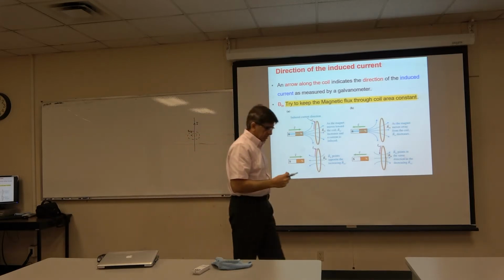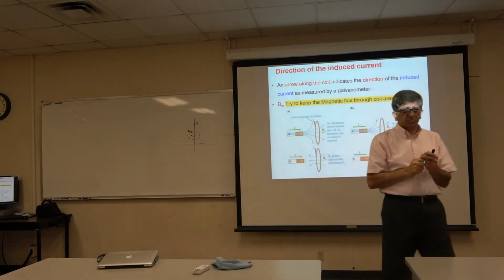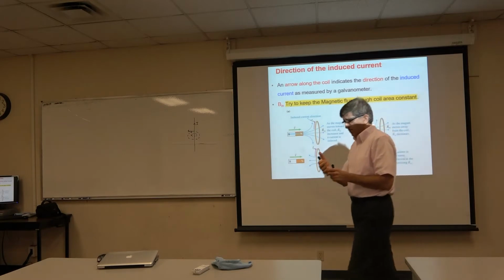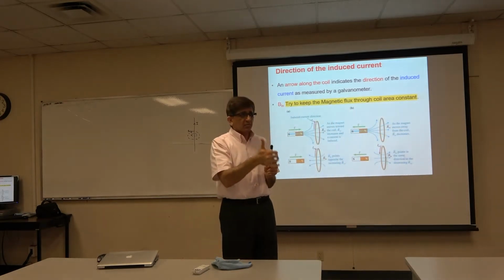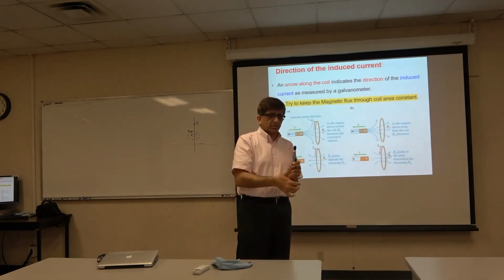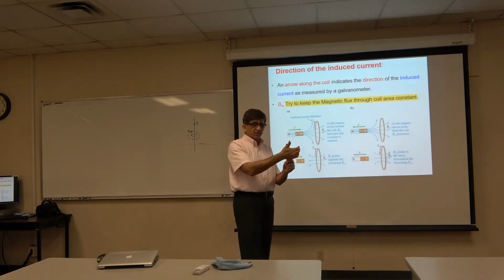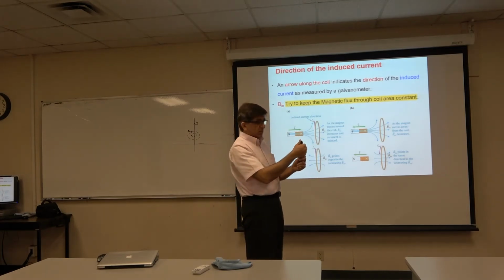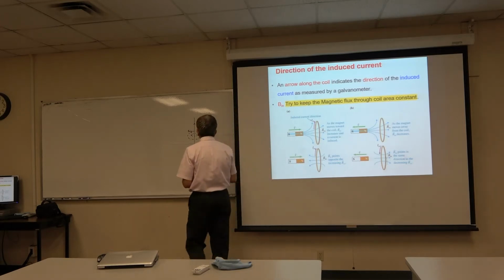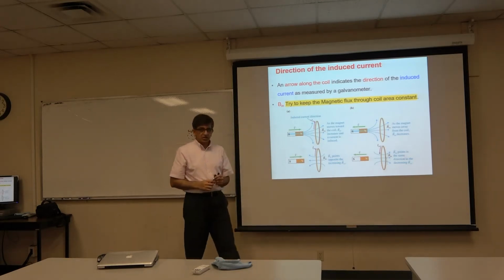If I grasp the current carrying wire in my right hand with the thumb pointing in the direction of the current, the curved fingers will point in the direction of the magnetic field, which is an induced magnetic field.